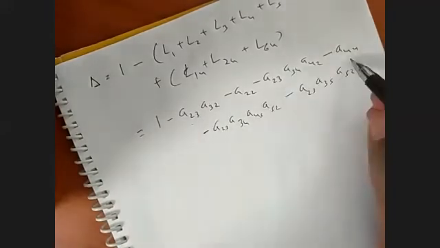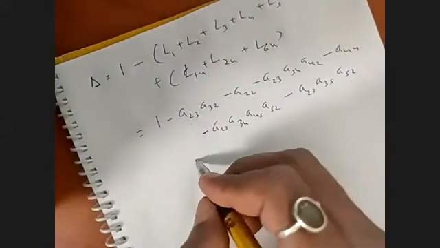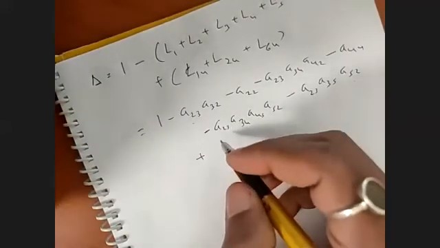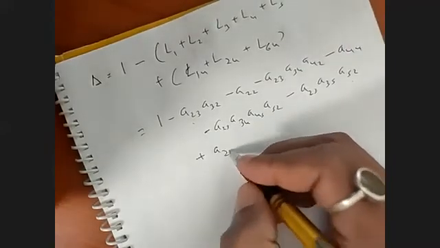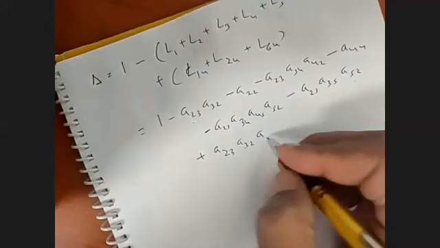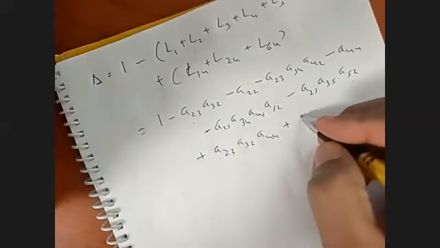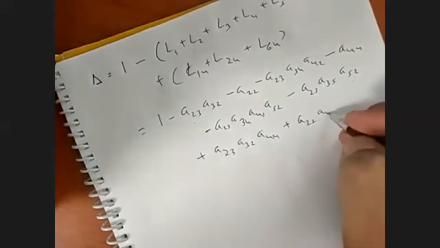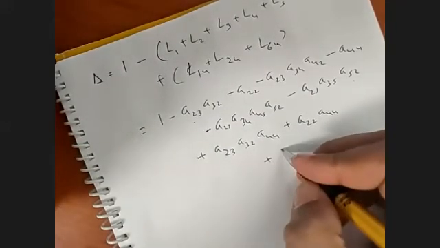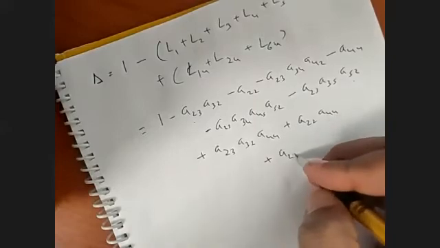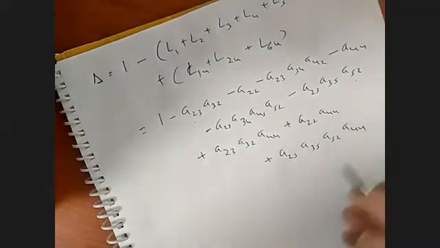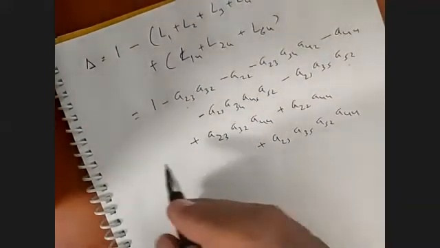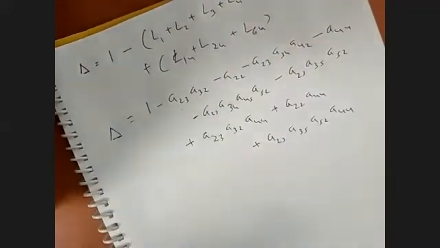So these are L1 to L6, and then we have plus A23, A32, A44 plus A22, A44 plus A23, A35, A52 and A44. So this is my complete delta which I have calculated.